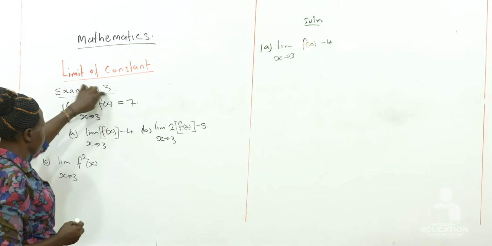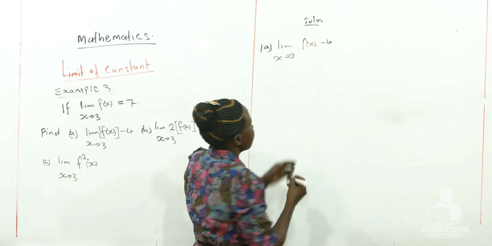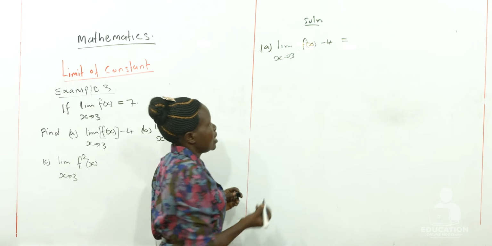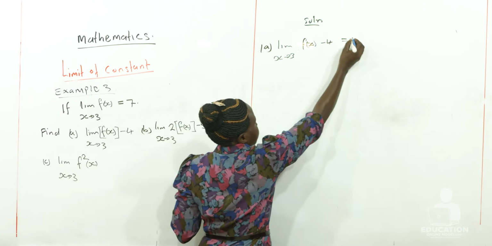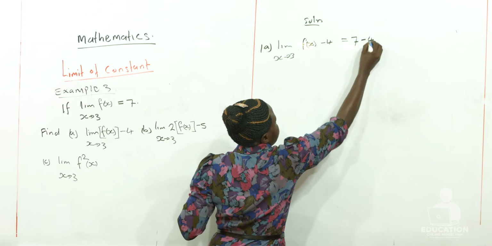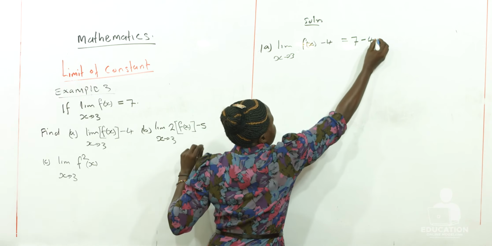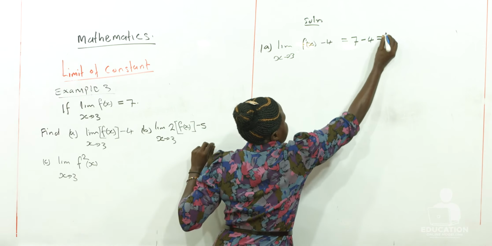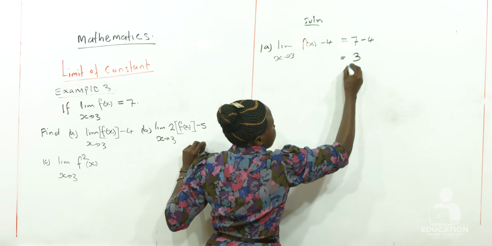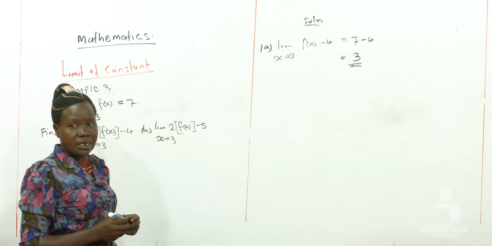That means the whole of f(x) is 7. Then you can straight away substitute. You substitute that f(x), which is given as 7, and then minus 4. Which will give us 7 minus 4, we get 3. So our answer here is 3.